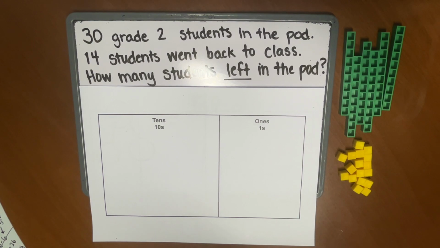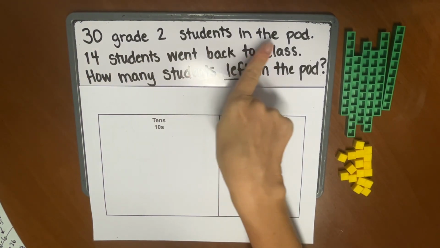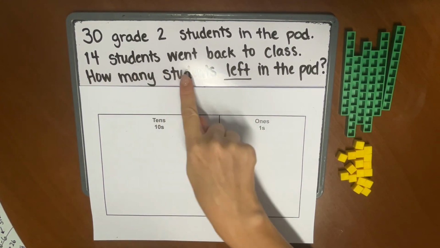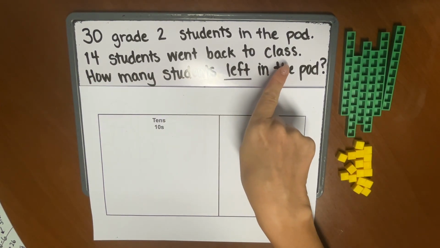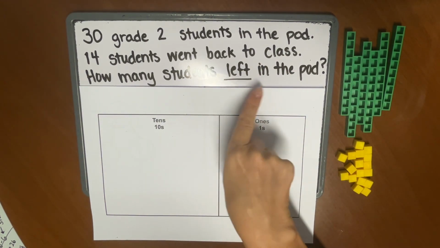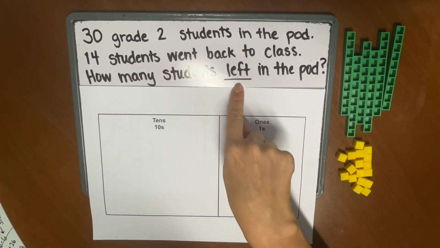Let's try another one. 30 grade 2 students were working in the pod. 14 of those students went back to class. They weren't in the pod anymore. How many students were left in the pod? What does left mean in this problem? Pause the video and talk about it.